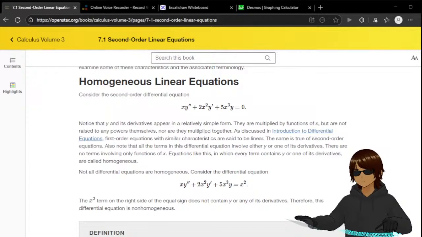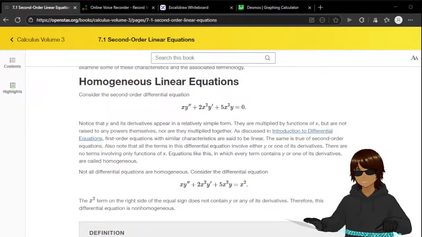They are multiplied by functions of x but are not raised to any powers themselves, nor are they multiplied together. As discussed in Introduction to Differential Equations, first order equations with similar characteristics are said to be linear. The same is true of our second order equations.